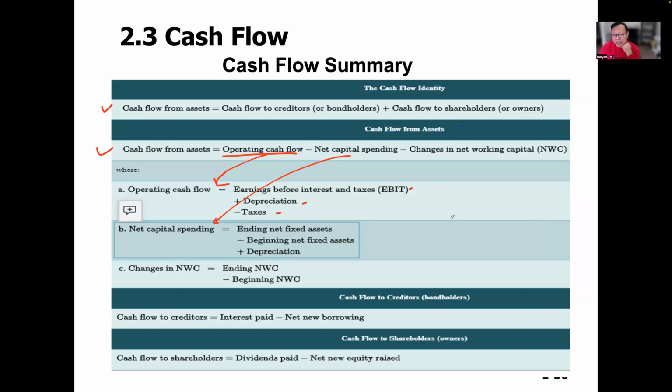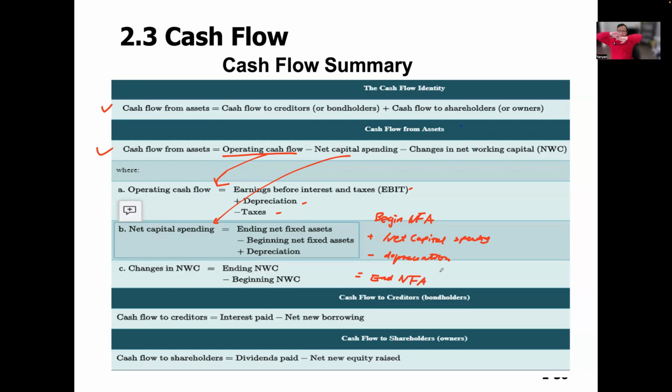If you don't understand that, let's go another way. You have the beginning net fixed asset to start with, plus net capital spending, minus depreciation, and that equals the ending NFA.